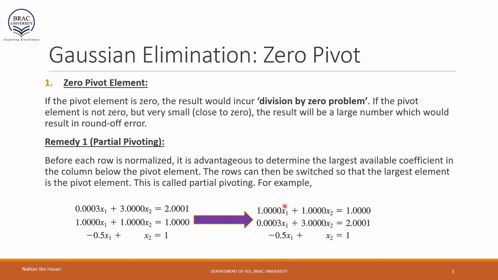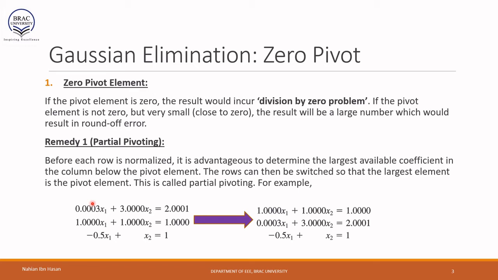This is called partial pivoting, because in one step we are just finding the maximum coefficient from that column. In the first step we are finding the maximum coefficient from the first column. In the second step we are going to find the maximum coefficient from the second column. So we are just using the column values, and that's why it is called partial pivoting.